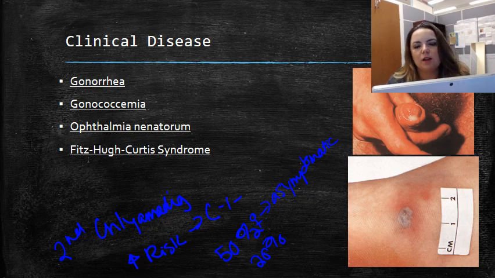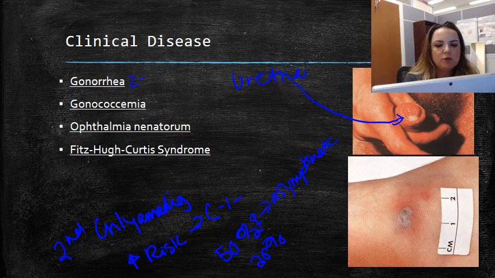All right, so let's talk about genital gonorrhea infection. Genital infection in men is primarily restricted to the urethra. And you're going to see this purulent urethral discharge, as I'm showing here. The dysuria will also develop, and these things are going to come in after about a 2 to 5 day incubation period.